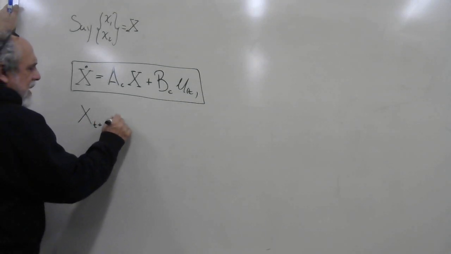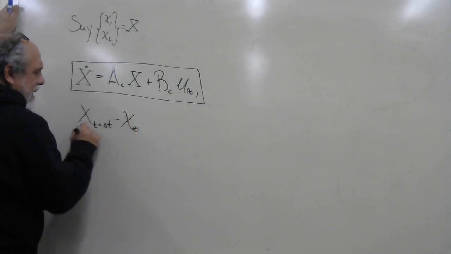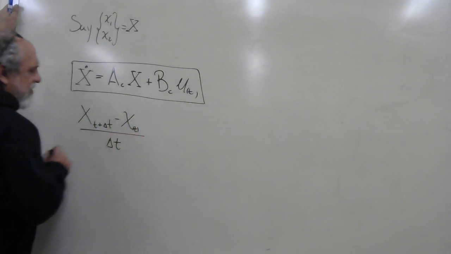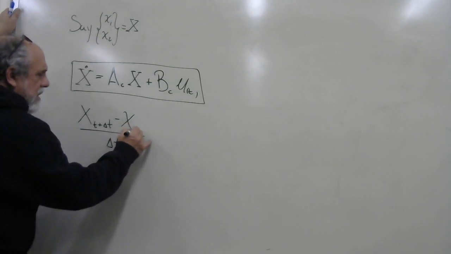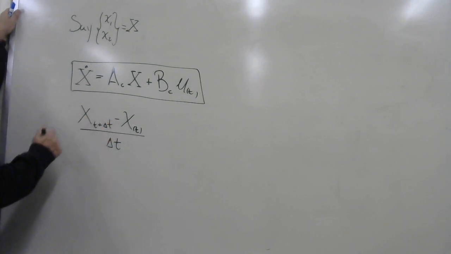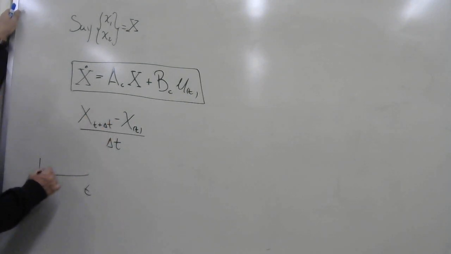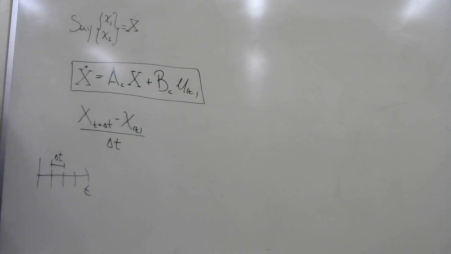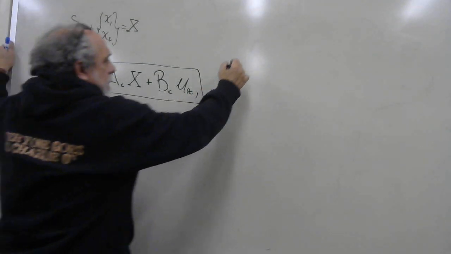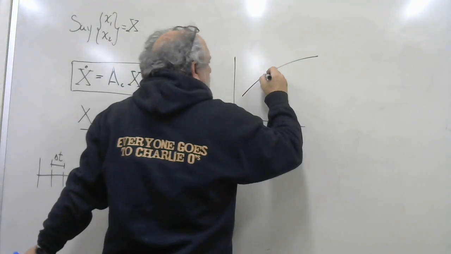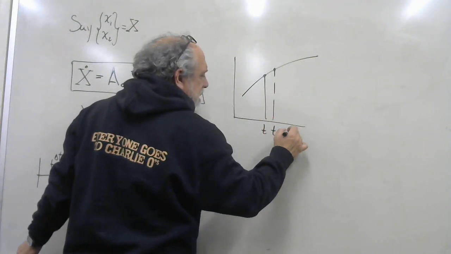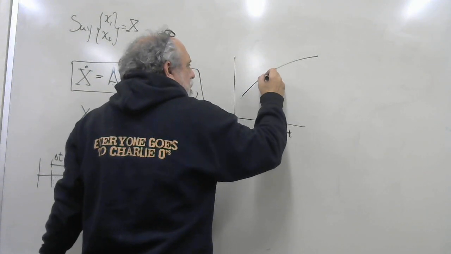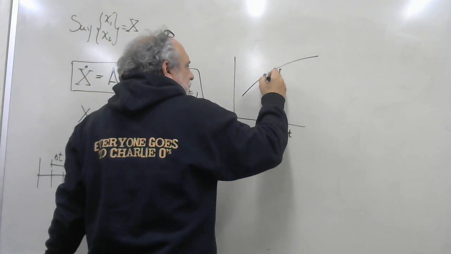If I take this as an approximation for x dot, right? That makes sense, doesn't it? I take x at t plus delta t. In other words, let's assume that time is divided like this, and the distance between any 2 points is delta t. So the derivative at any point, if I have a function like this, is approximately how much this changed divided by this, right?